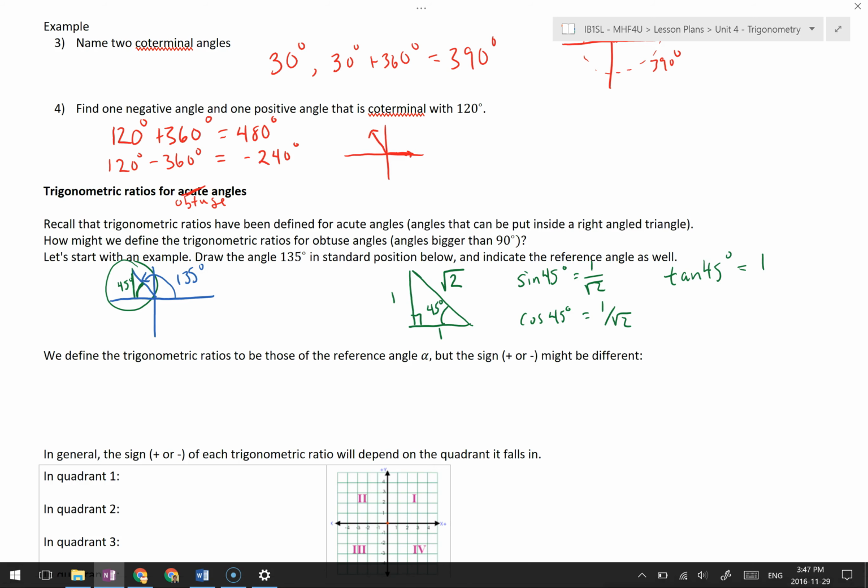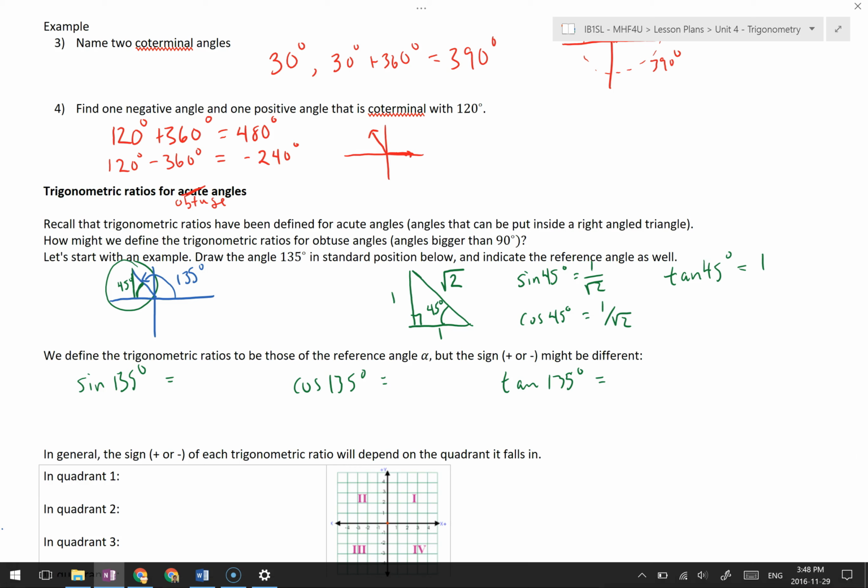Well, if we think about it, we define the sine, cos, and tan of 135 degrees to be equal to the sine, cos, and tan of its reference angle, in this case 45 degrees, with some changes to the positive or negative sign in front of that value.